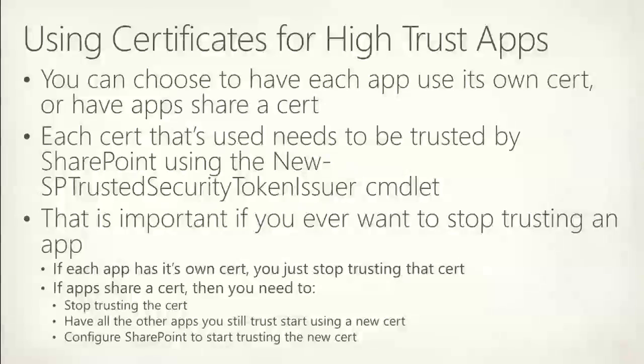If you ever want to stop trusting an app, this is an interesting thing. Let's say in your organization you want to make it easy for developers, so you want one certificate to be the trust broker for all the applications in your environment. You can certainly do that. You can configure that, or you can configure a particular certificate per application.